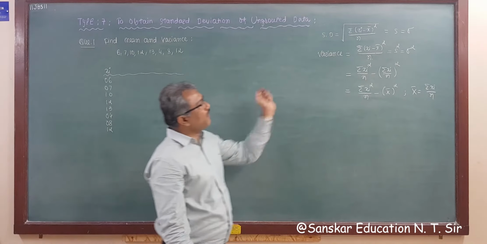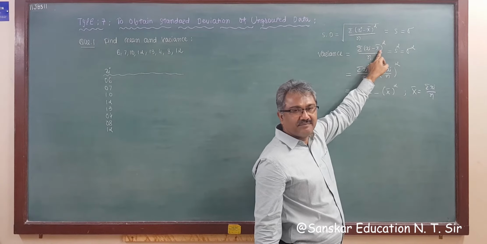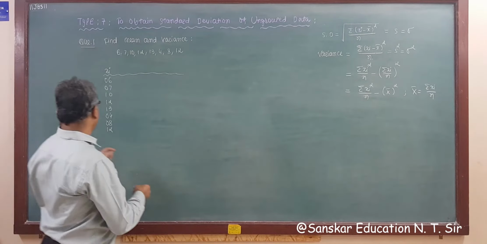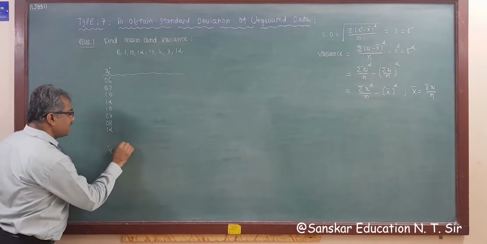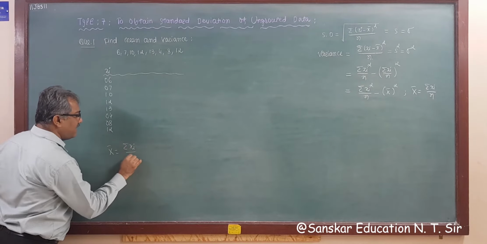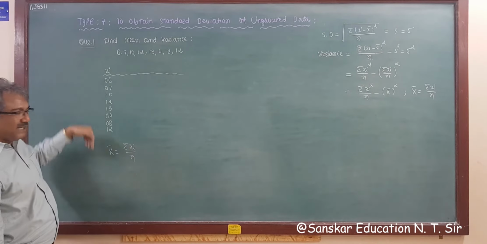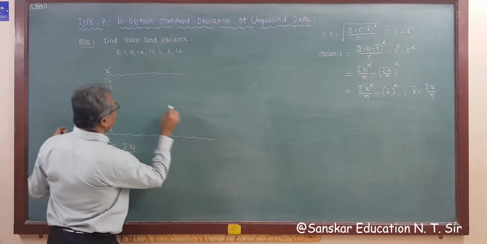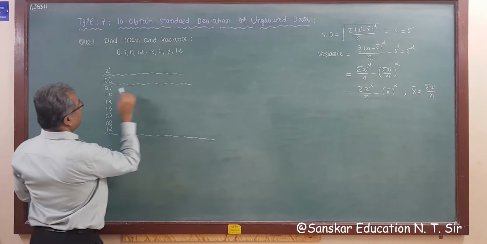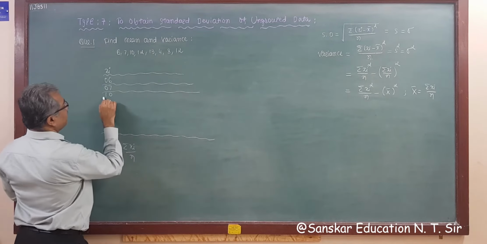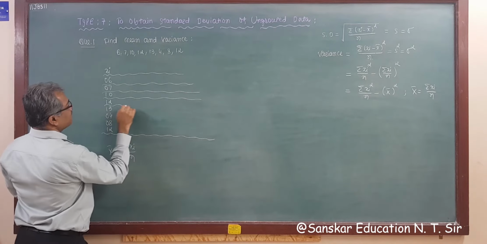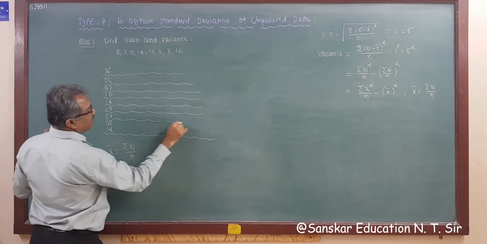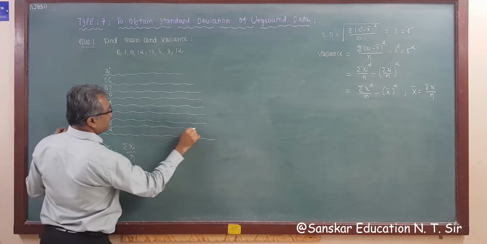Now for this formula, what do we require? X bar, that is mean, and the formula for mean is x bar equals sigma xi upon n, that is the sum of these xi. Before that I am drawing a horizontal line so we can write observations simultaneously and no two observations mess up.